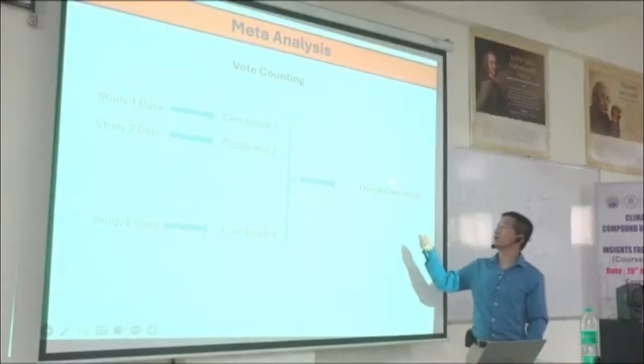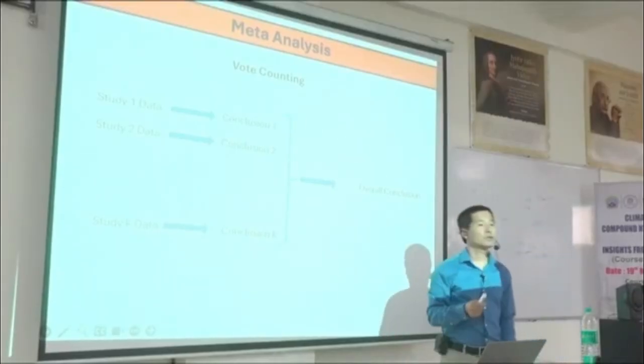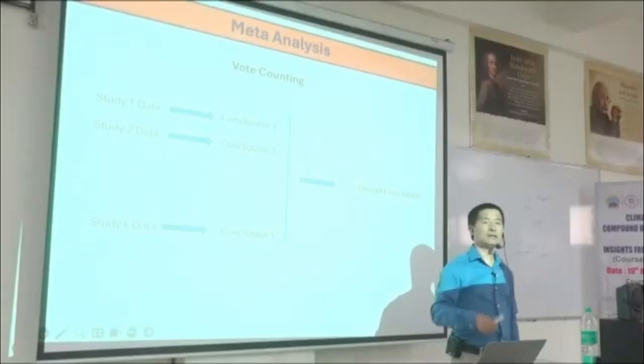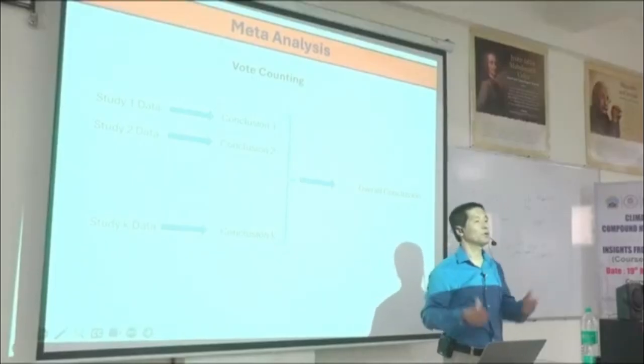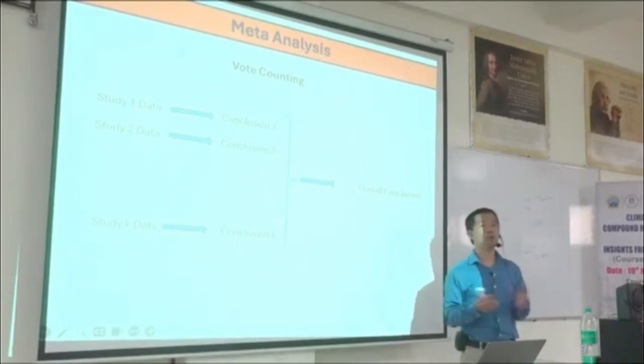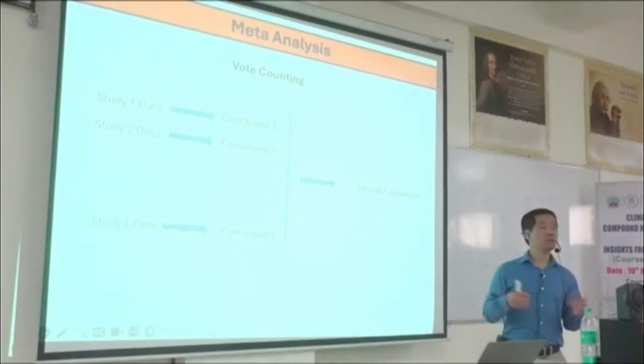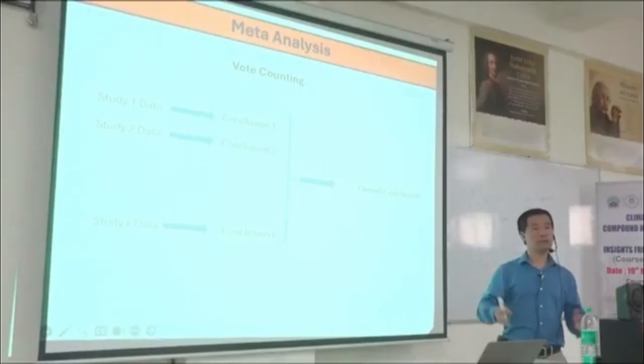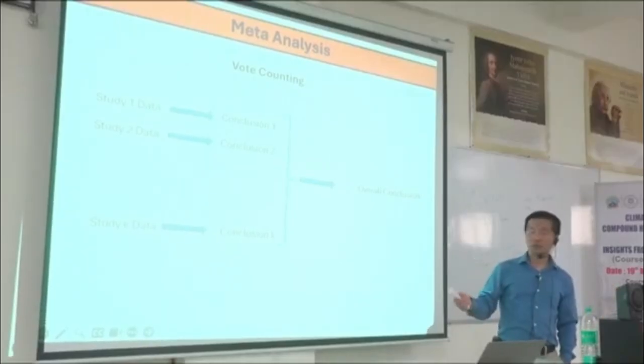Really, you're just counting the votes. Either this is yes or this is no. You simply count them. That is the most common, most traditional way to synthesize literature data. That is one way to do it.